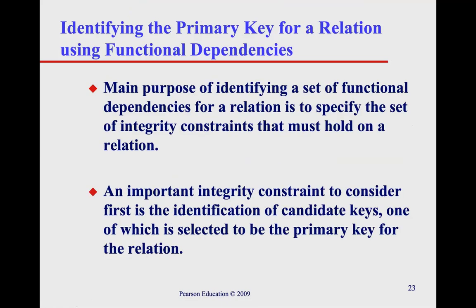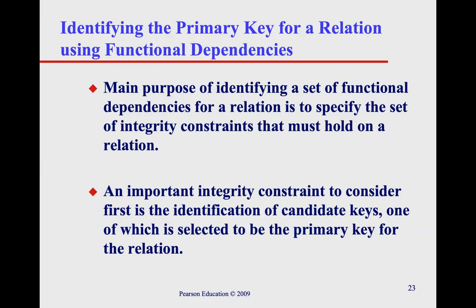Okay. So moving on, we have already discussed the importance of identifying the primary key for a relation. Normally, when you're doing that with functional dependencies, what you're trying to do is find a set of attributes that uniquely determine the values of all attributes in the tuple.